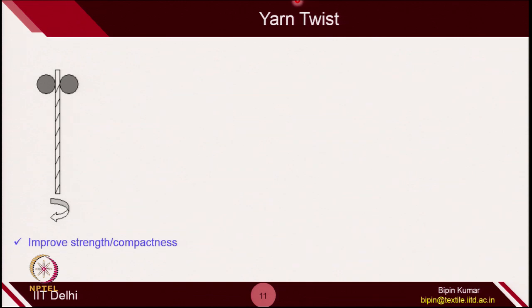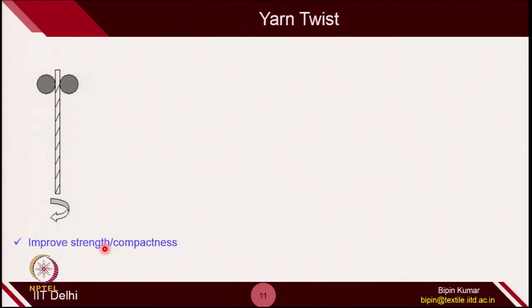So, twist is also very important apart from count, because if you keep increasing the twist, it might be possible that the yarn becomes very stiff or it may break. In reality twist is used to improve the strength and compactness, but too much twist or turning of the fibers should be avoided.